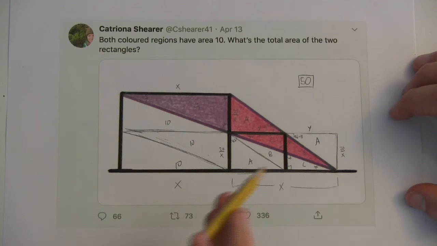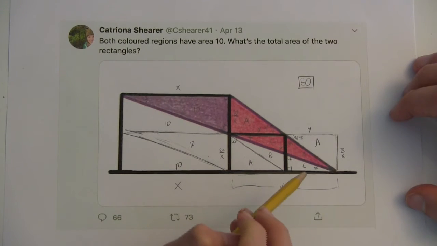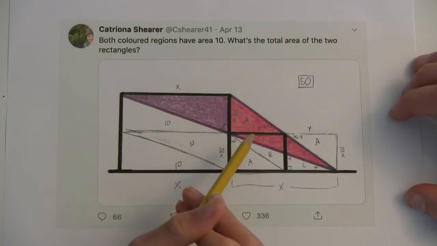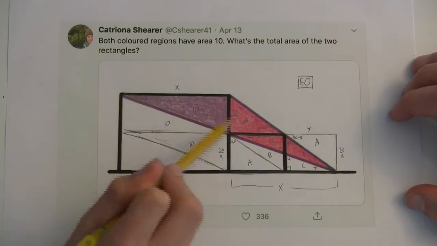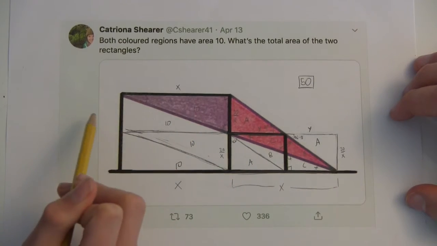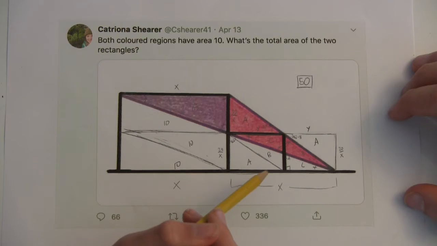So let's see. Similarly here, this angle and this angle are the same because these two lines are parallel. So we have another similar triangle.